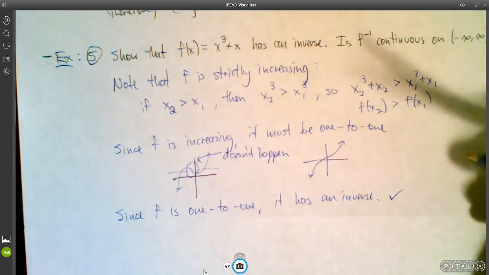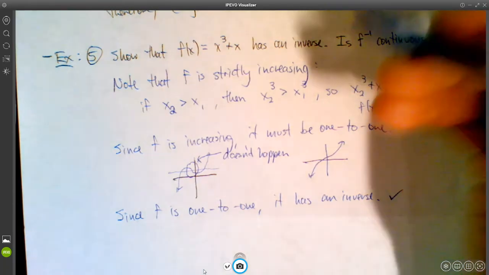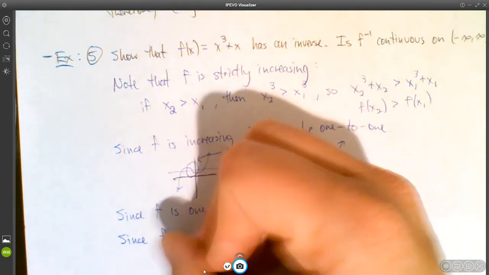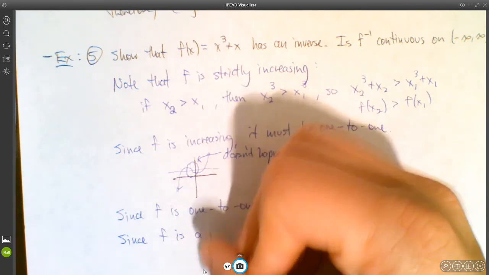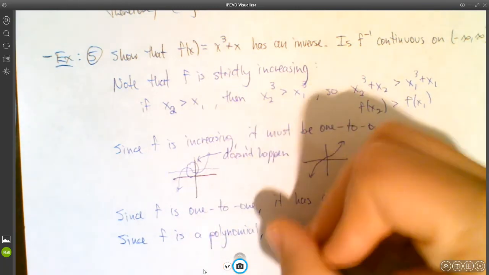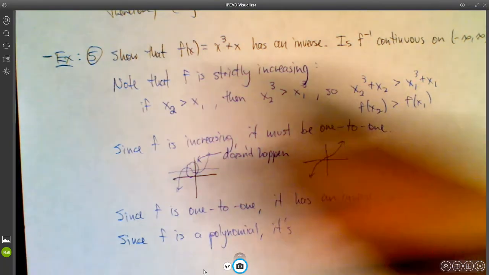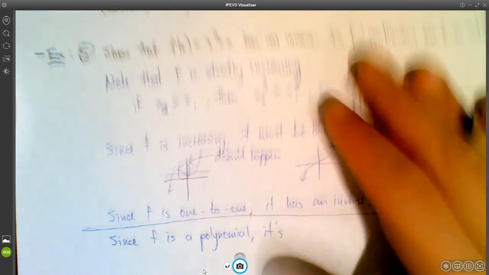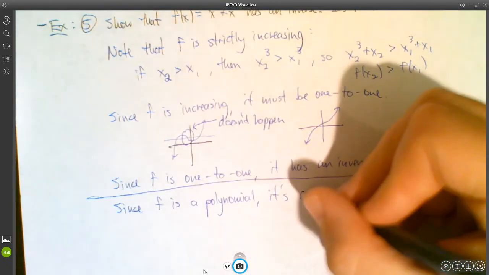Yes. By the previous theorem, since f is a polynomial, it's continuous.